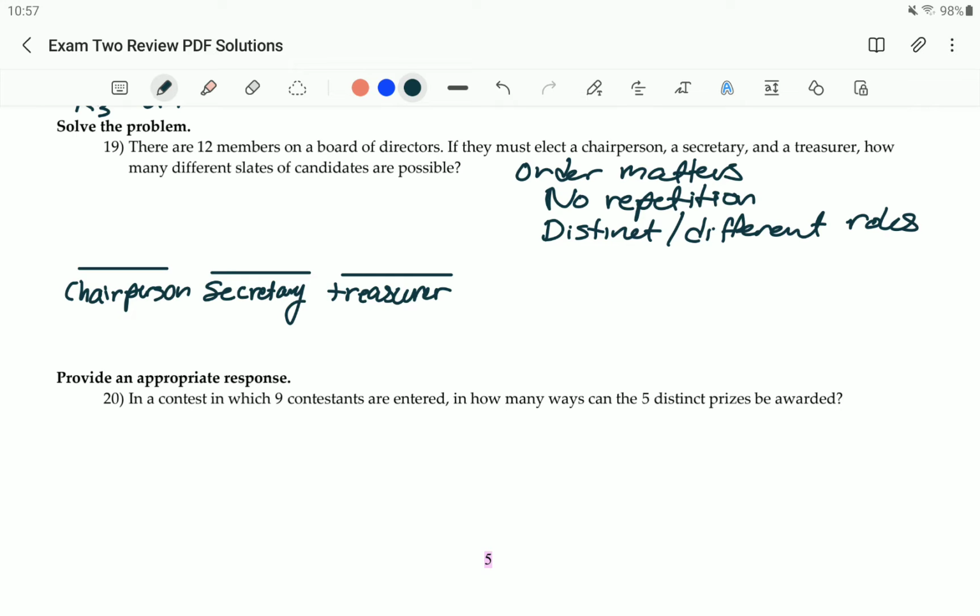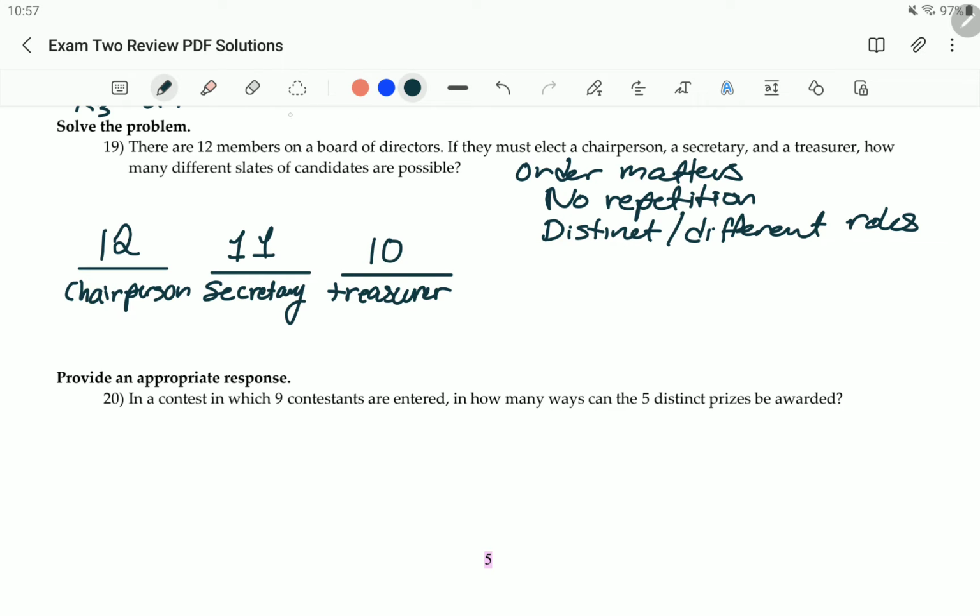So let's use the fundamental counting principle first to answer this question. You have 12 candidates that can possibly be a chairperson. You choose one. There is 11 candidates left to be the secretary. One is chosen again, somebody totally different. Now, 2 people cannot be repeated, which means we have 10 people that can possibly take the place of treasurer.